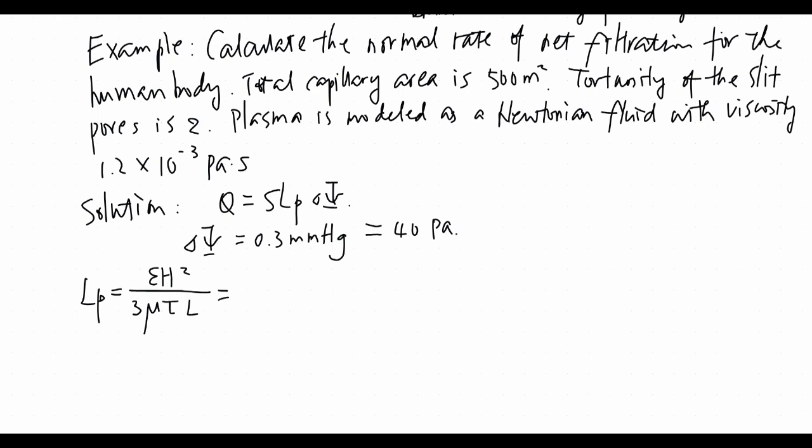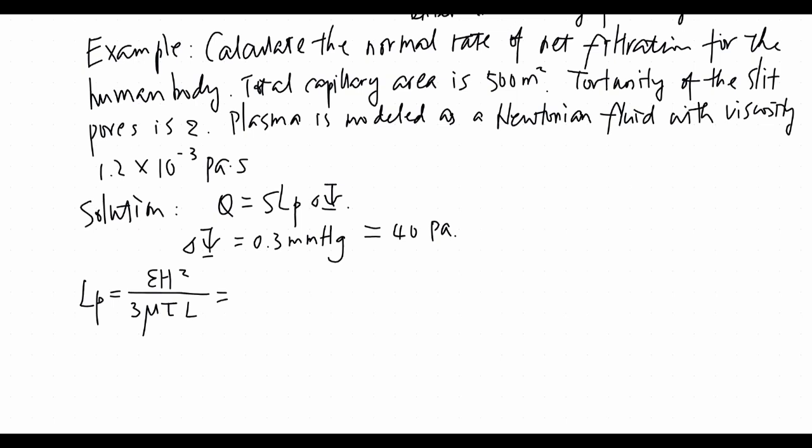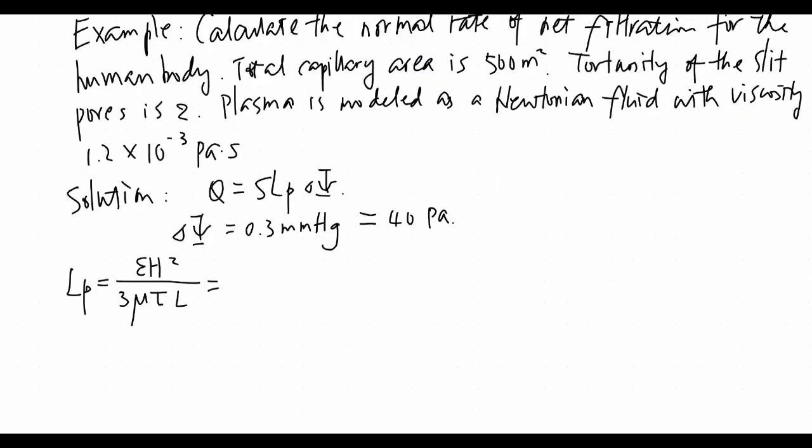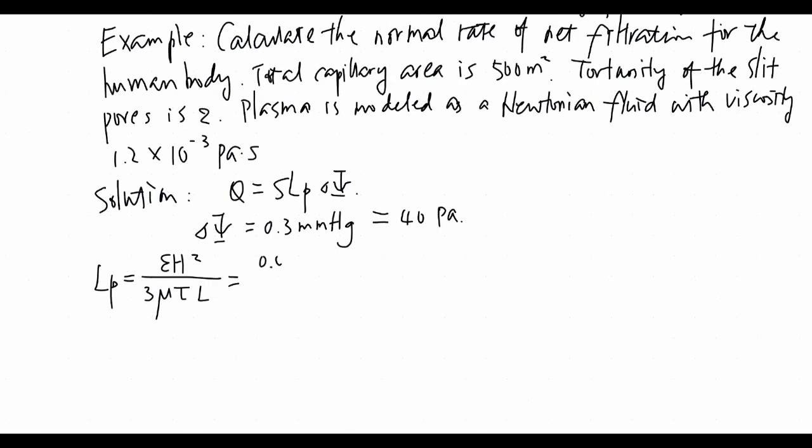The porosity is in the table, 0.001. H is the half height. The height is 7 nanometer, so the half height is 3.5 nanometer.